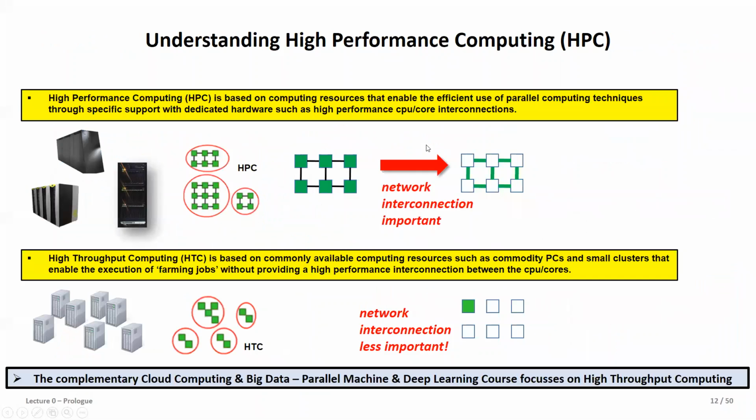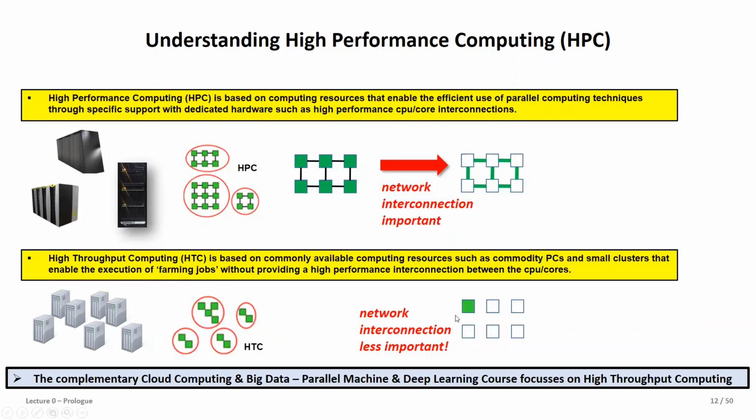When we think about HPC, we always want to differentiate it a little from the HTC world. HPC is defined in a way that you have lots of different cores, where the network interconnect between these cores is extremely relevant and should be of very good performance. With high throughput computing, you have more and more pizza boxes, as we used to call them, put together into a cluster and working together maybe with Ethernet, so the network interconnect is not so important.